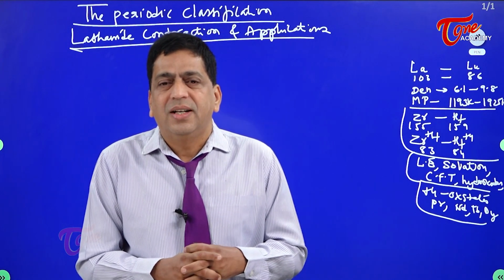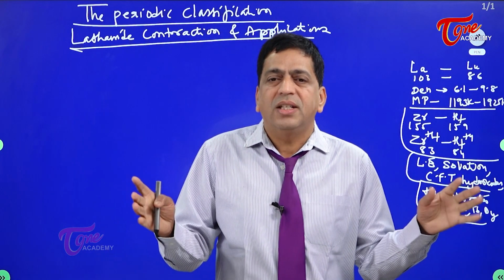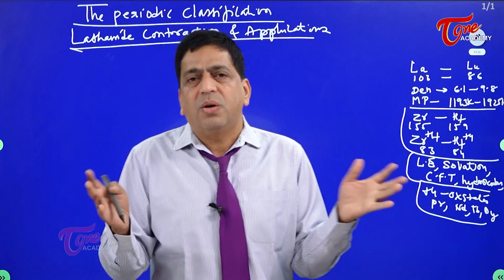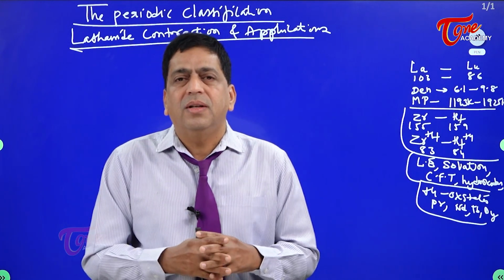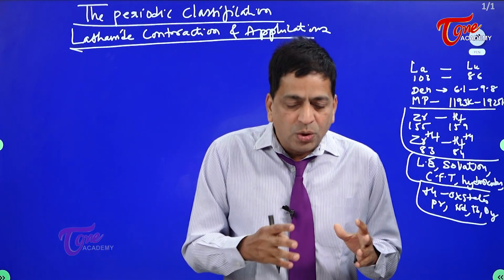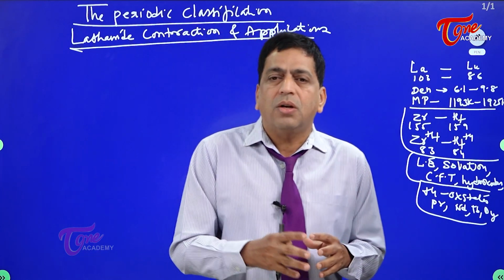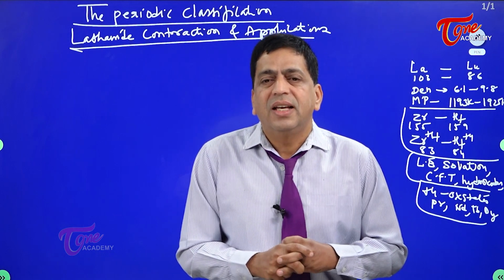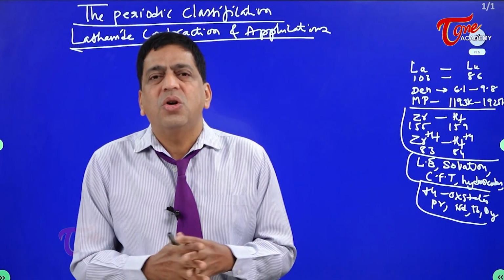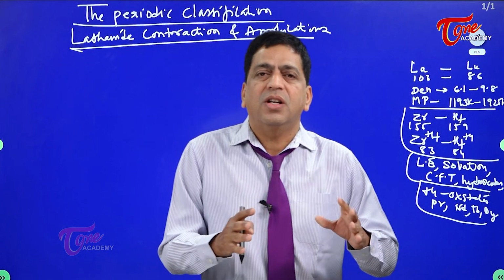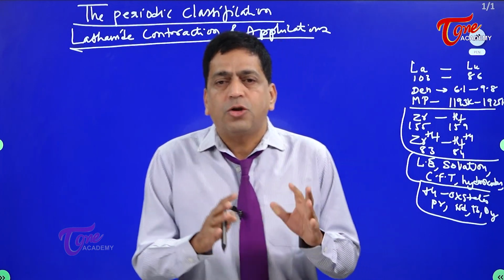Even the modern periodic law is framed on the atomic radii. So understand that the physical and chemical properties, or otherwise the mode of activity, is basically a function of atomic radii.